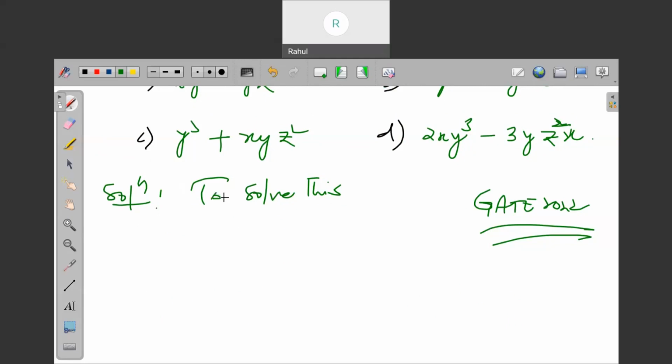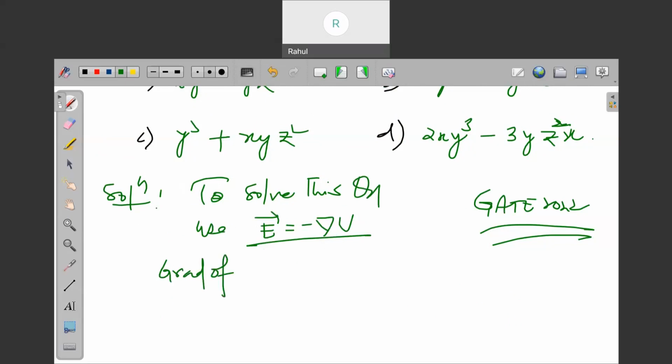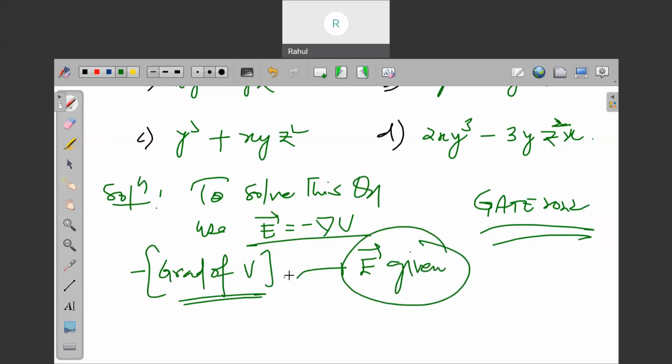So to solve this question, use E equal to minus gradient of V. You can compute the negative gradient of V for each option, and you will get the given E. Once you compute for all four options, you will get option D as the correct answer.